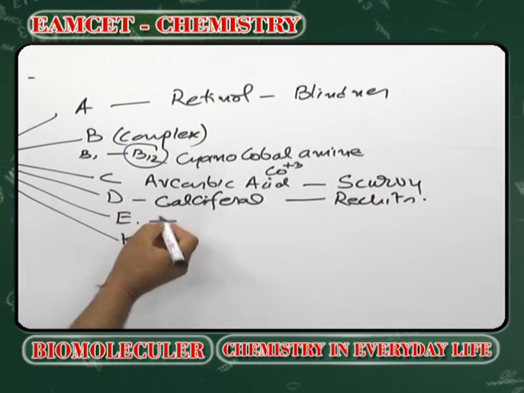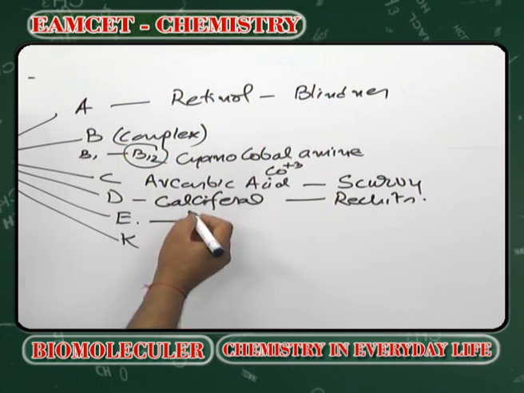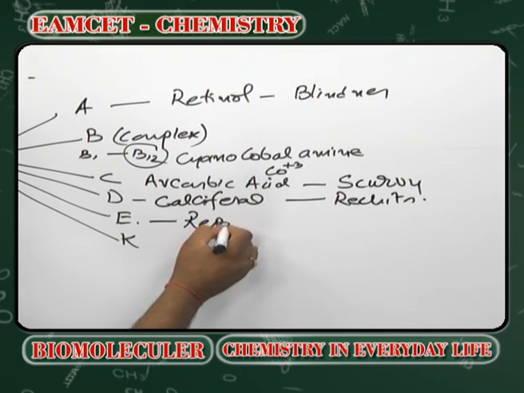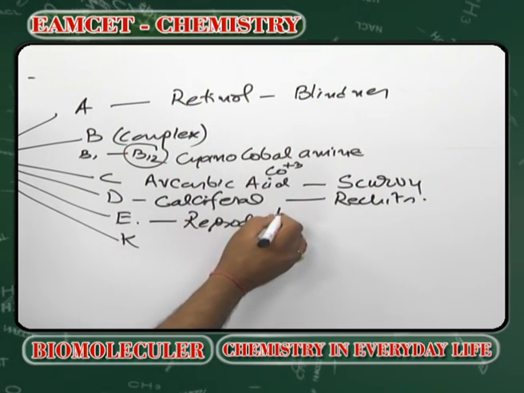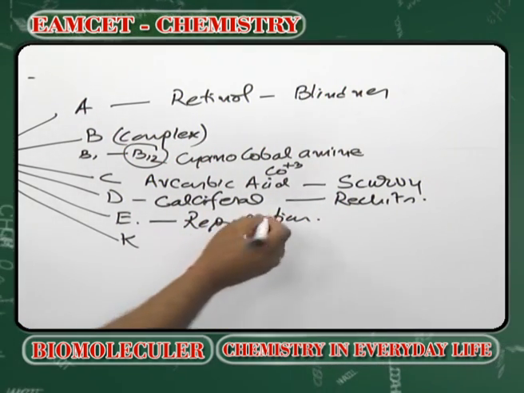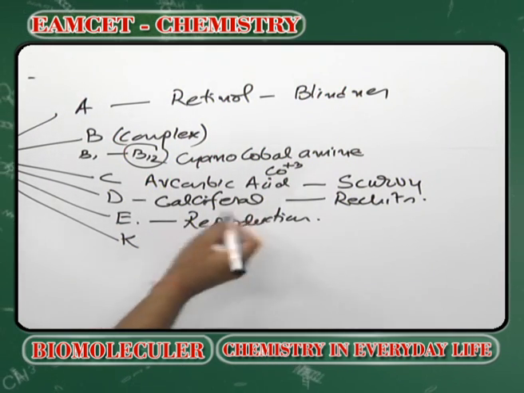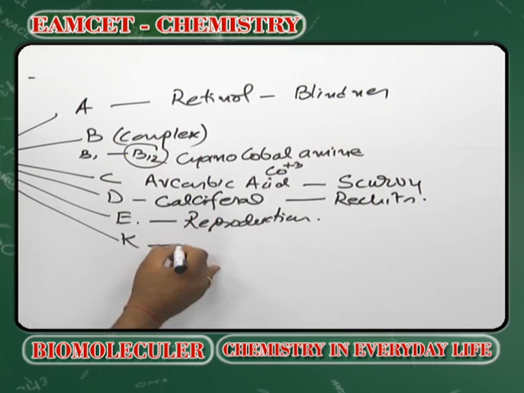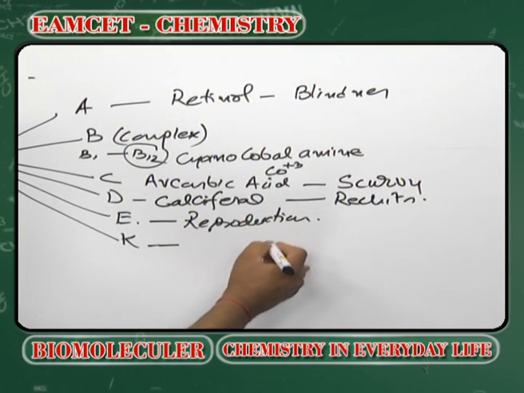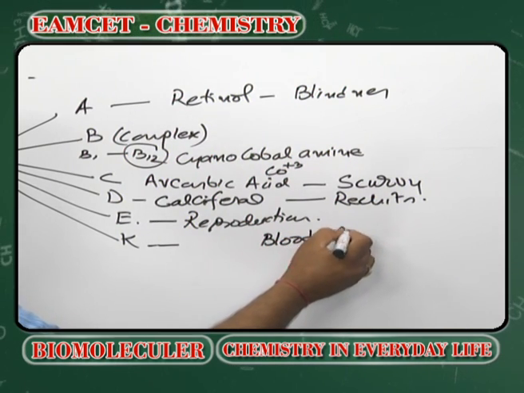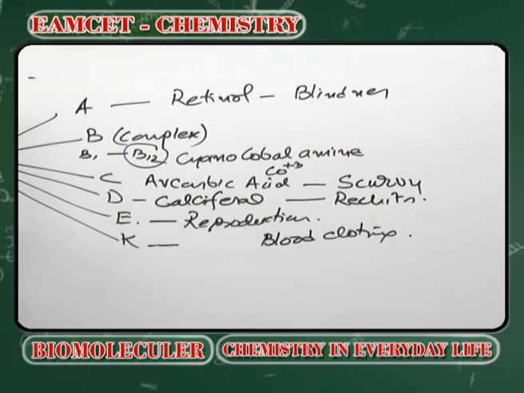Vitamin E is operating reproduction; malnutrition affects reproduction. It is actually called tocopherol. Vitamin K is controlling blood clotting. Its deficiency results in hemophilia, where blood won't clot and will keep oozing.